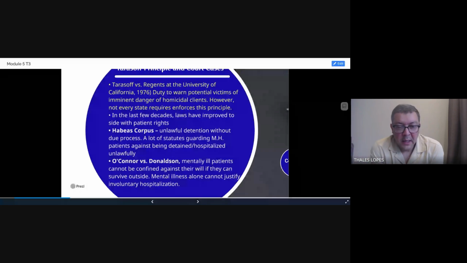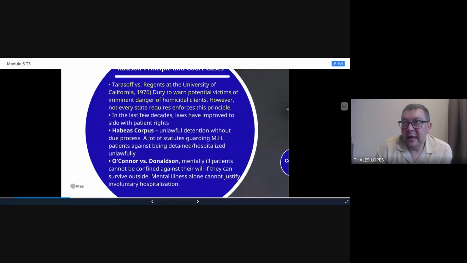Okay. Now, what is habeas corpus? It basically says it's unlawful to detain anyone without due process, meaning that a lot of statutes in mental health protect the patient against being held in a hospital unlawfully.